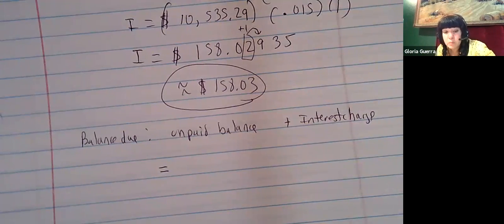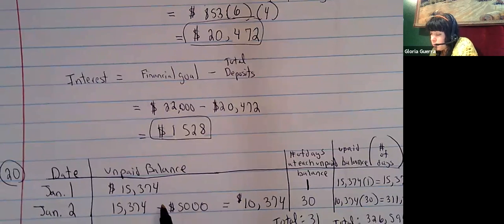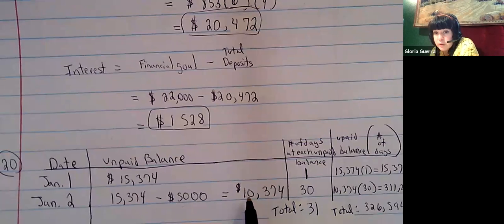Let's see. Oh yeah, that was where, remember you had made a payment of 5,000 and no more charges. So that was right here after that.